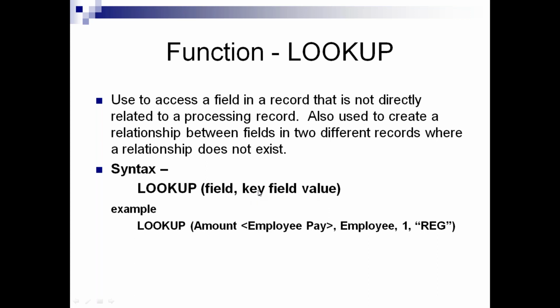And that path is the standard key to the record that is the driving record of the design. So let's say that I want to find the pay rate on an employee.